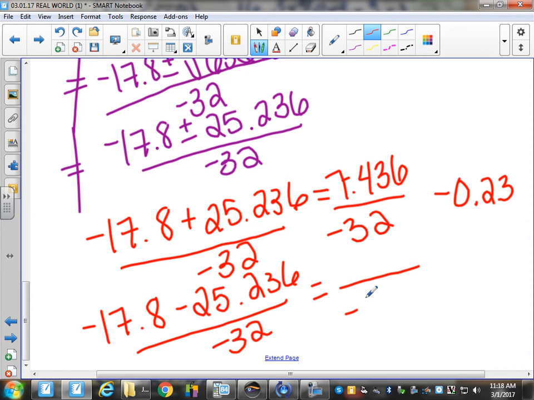What did you guys get for the numerator for the second one? Negative 17.8 minus 25.236. I got something a little bit different. So we're doing negative 17.8 minus 25.236. Negative 43.036. What did you get when you did that out? Me too.